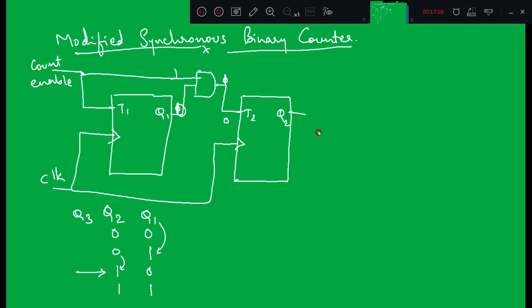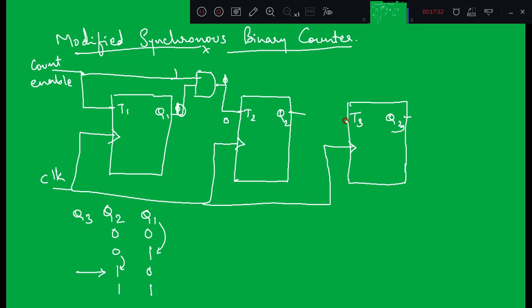Now if I include one more flip-flop here, I need to draw a modified circuit. I need to overcome that problem, that is, the number of inputs for AND gates was increasing in the previous diagram, right?